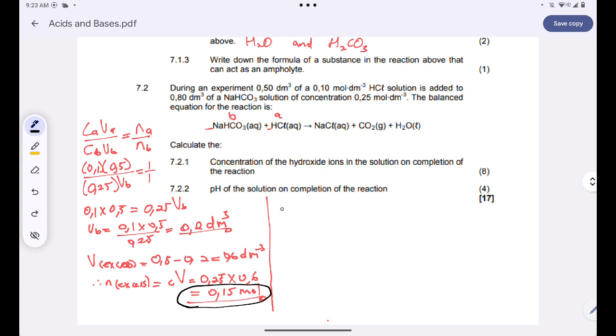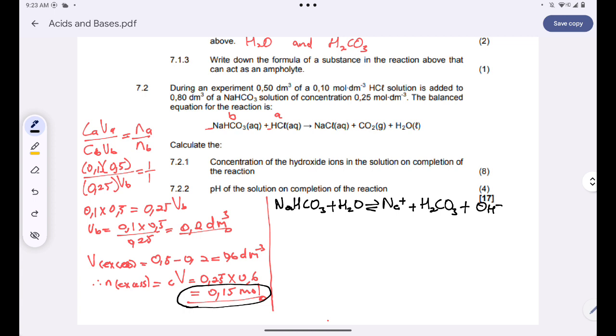So I'll simply say my base is NaHCO3. Whenever it dissociates in water, it will form Na plus, H2CO3 plus OH minus. Are you together?